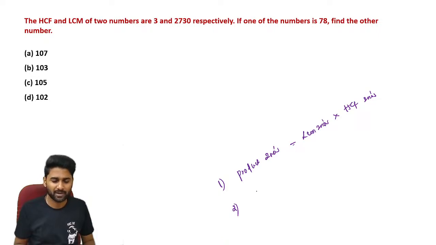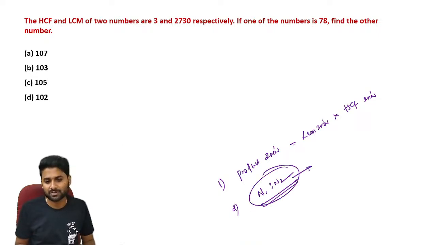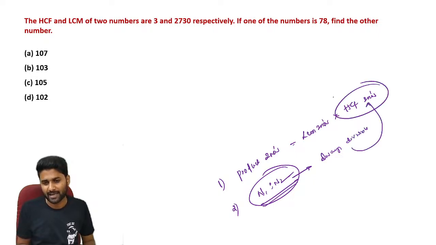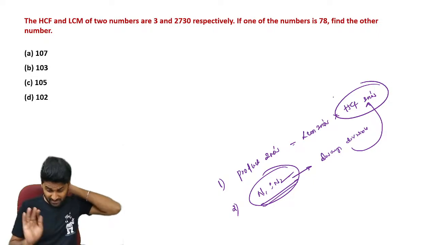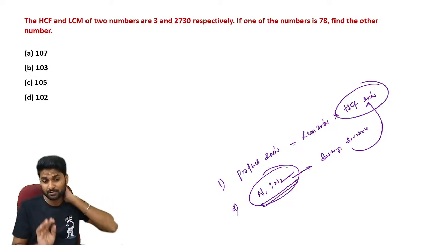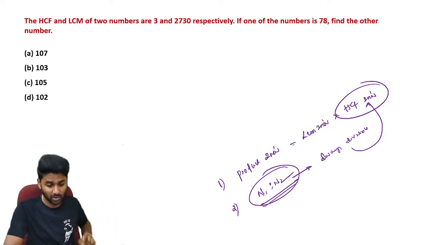Second important point, let us consider N1 and N2 both are numbers. These two numbers are always divisible by HCF of the two numbers. If it is divisible by HCF, then only those two numbers are correct. Otherwise, those are wrong numbers.